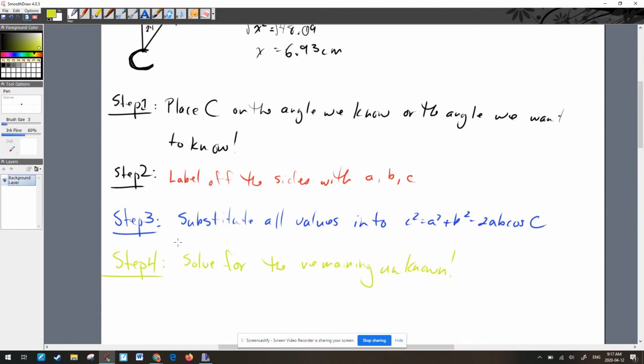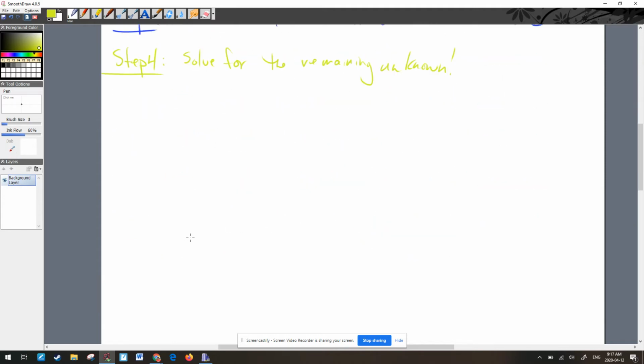So what I'm going to do is draw out another example that I would like you to work through. Okay, so here goes. So another example. Here is a triangle.